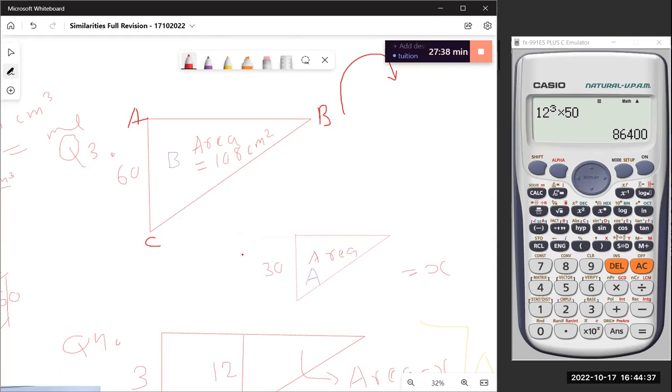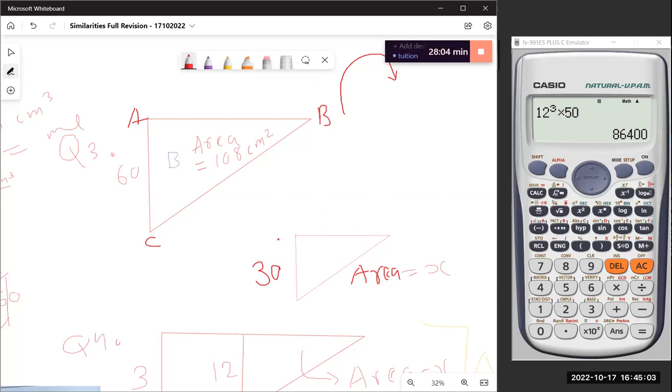Now, Lula, tell me, what do I know about the second shape? The second shape's area is X and the side is 30. That's the corresponding side. If 30 was a different side, there'd be no way to solve this question because you don't have corresponding sides. But in the question, they will give you corresponding sides.